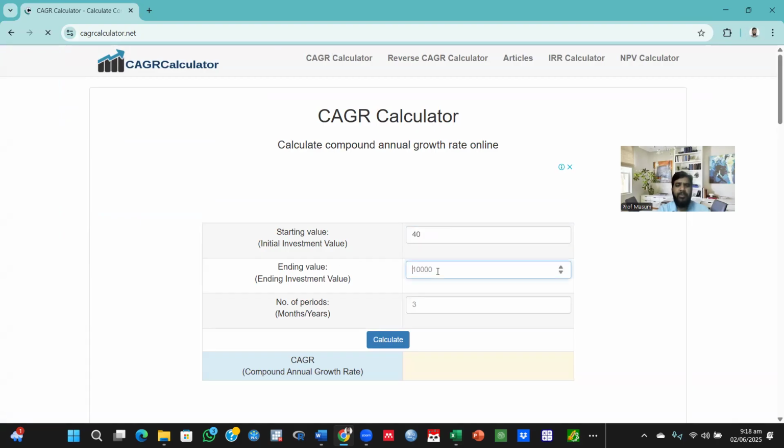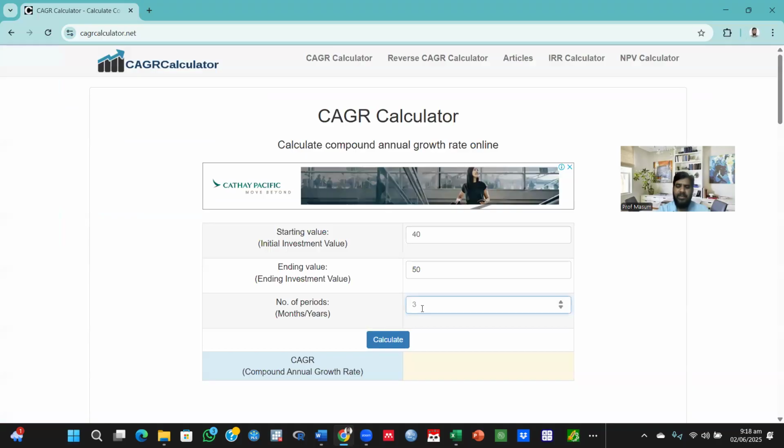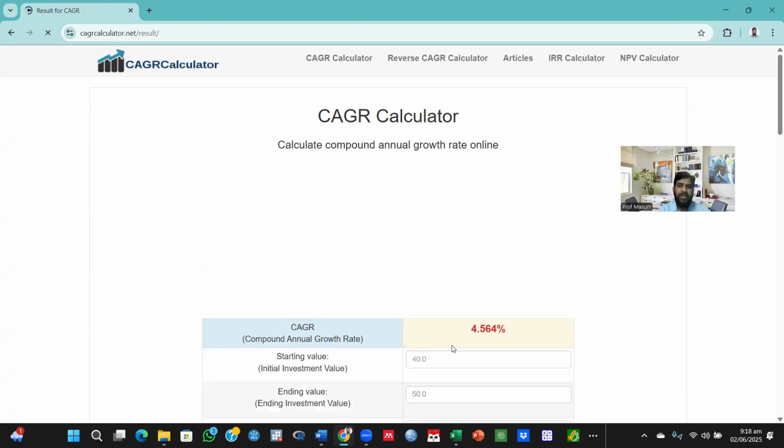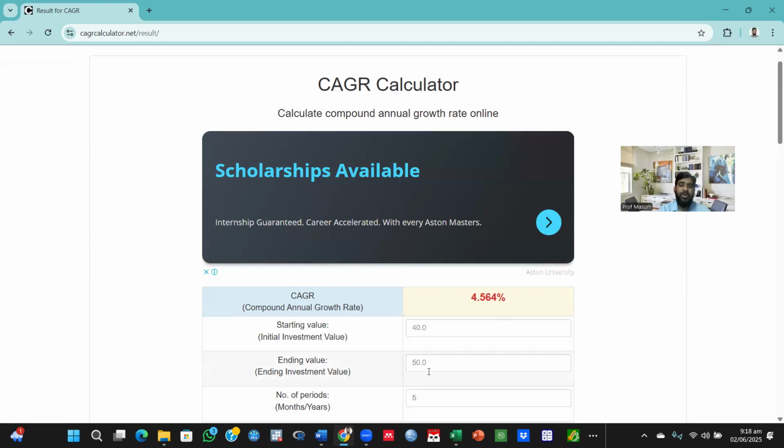Your ending value, maybe after 5 or 10 years, is 50, and the number of periods is 5 years. After 5 years, what will be your price? You can get the CAGR 4.56. All right, 4.56 is your growth.